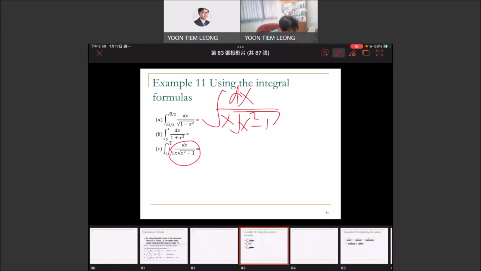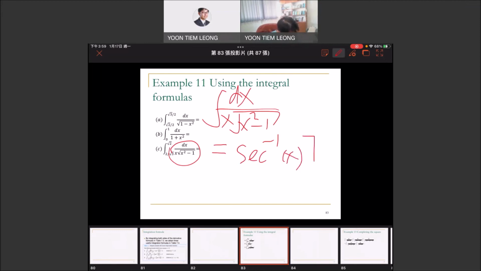Just make sure that the x is okay. I think this is okay. So that is just equal to arcsecant of x. I think that is what it is.